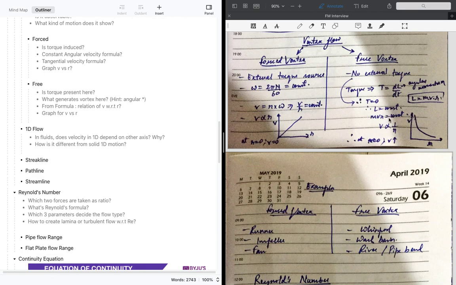So mvr is equal to constant, or we can say v is inversely proportional to r. That means if the radius increases, velocity decreases, and when the radius decreases, velocity increases. When the radius is zero, the velocity is very, very high. In this case, as there is no torque applied, the torque is zero, and that is why the angular momentum is constant.